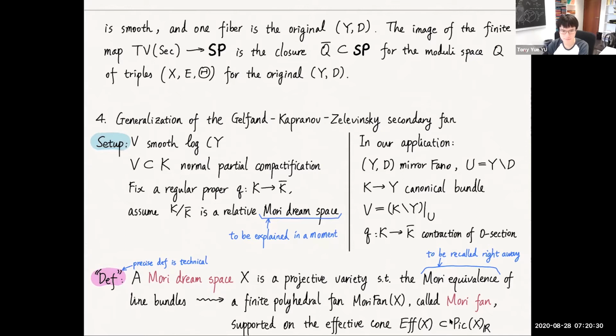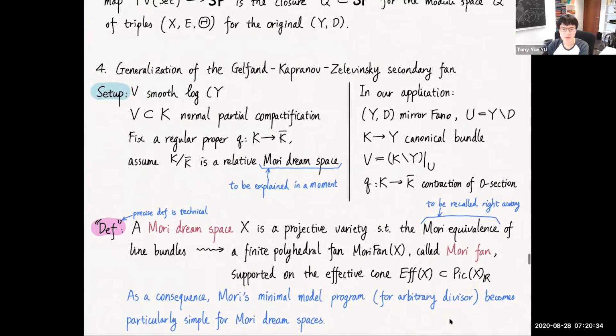And people are interested in Mori dream spaces because Mori's minimal model program becomes particularly simple for Mori dream spaces.